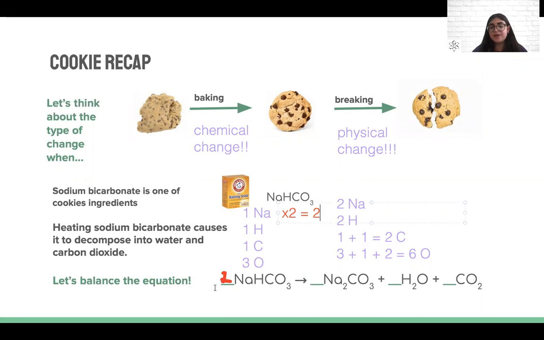And then this 2 applies for all of these. So we have the 1 hydrogen times the 2 is 2 hydrogens as well. We have the 1 carbon times 2 is 2 carbons. And the 3 oxygens, we multiply the subscript times the coefficient, so that's 3 times 2 equals 6 oxygens.